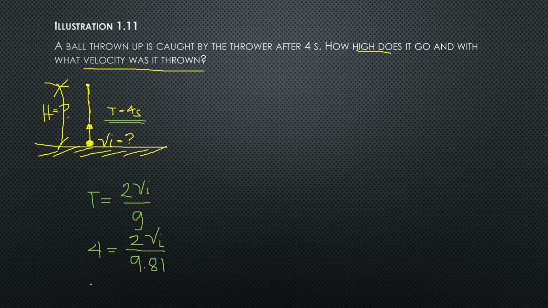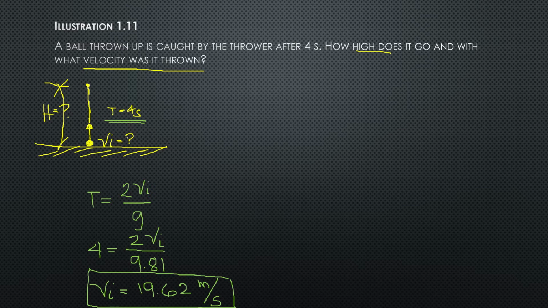So simplifying this, you can solve for initial velocity. Initial velocity will be equal to 19.62 meters per second. Okay, so that is the initial velocity.